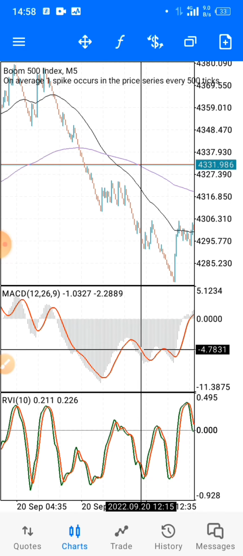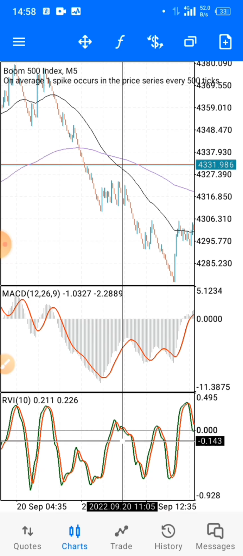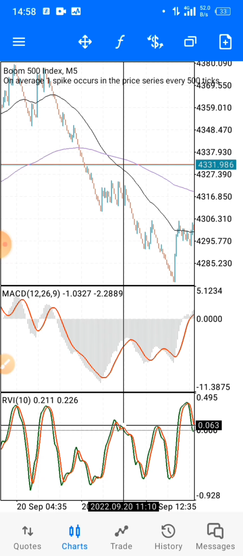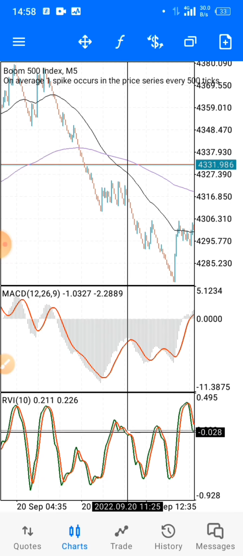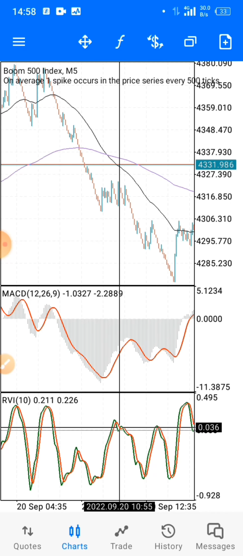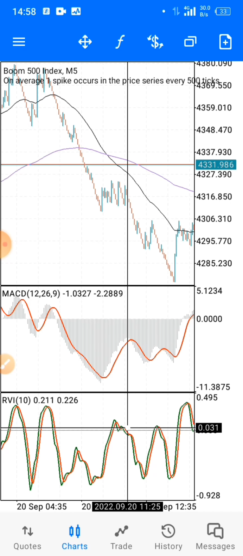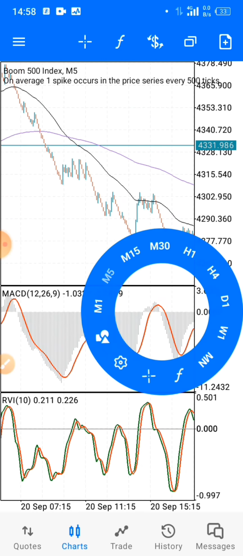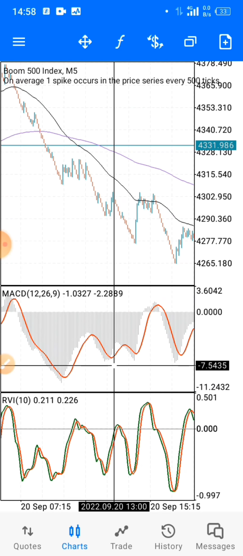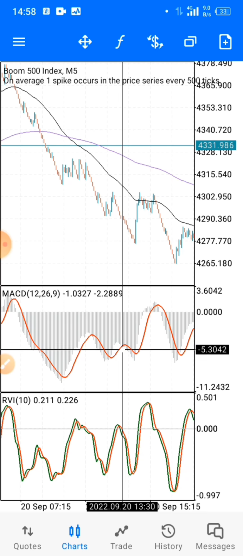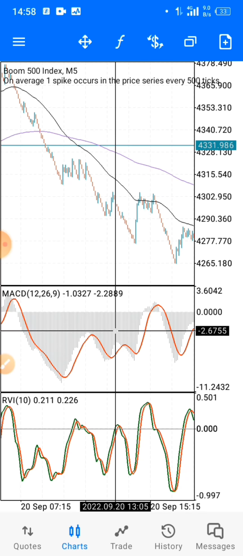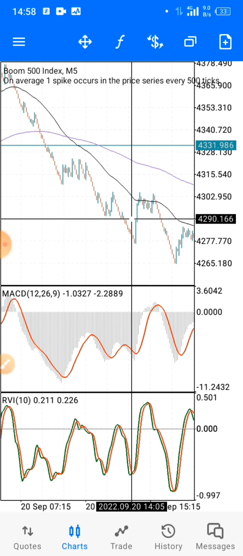So it's a strong trend. Then here we wait for the RVI to cross above the level 0, and we take our trade, right? Then we got another entry here. After it spikes, the EMAs are crossing for a sell.